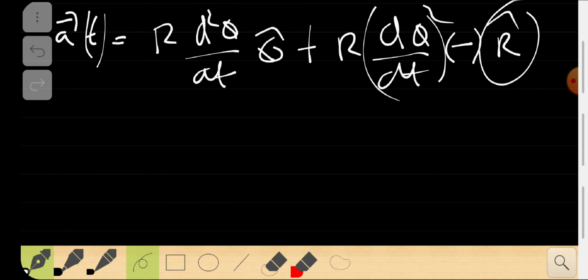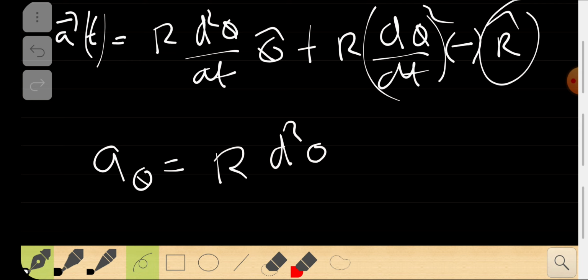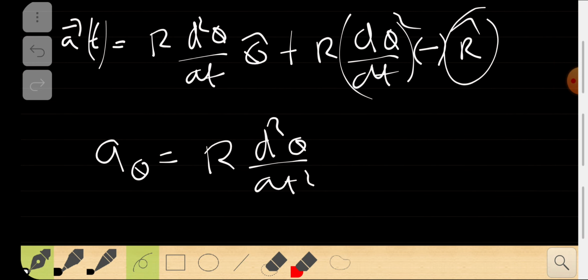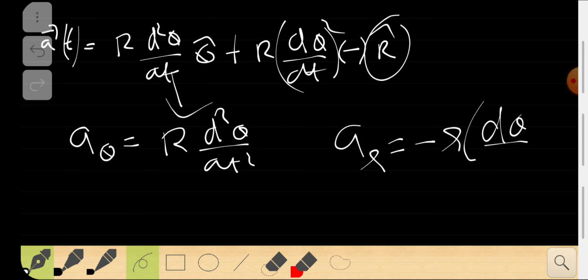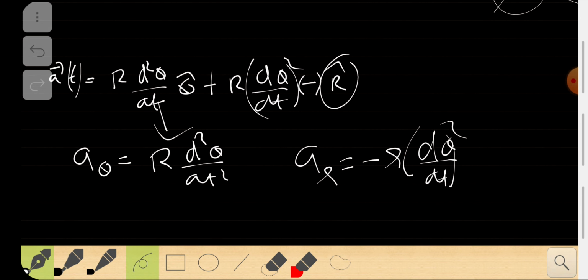Now we can write down the components of a. The theta component is r times d square theta by dt square, that's the first component. Then there is the r component of the acceleration, which is minus r times d theta by dt the whole square. That's the second component.